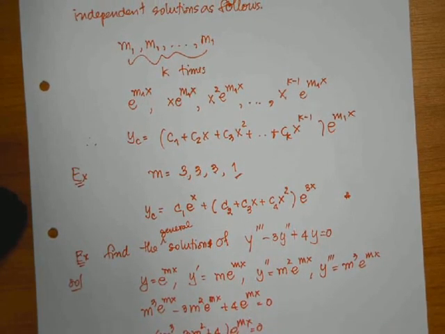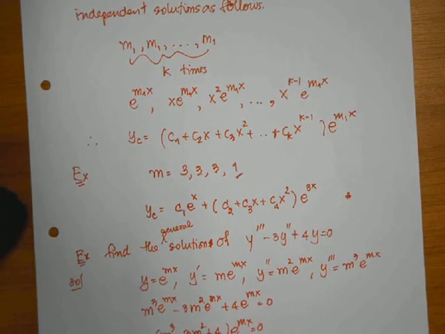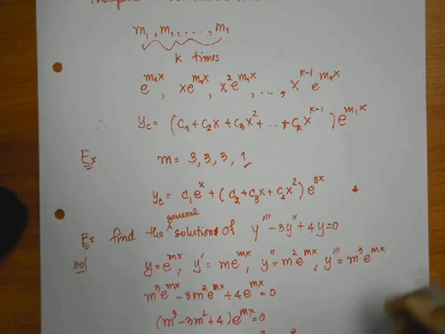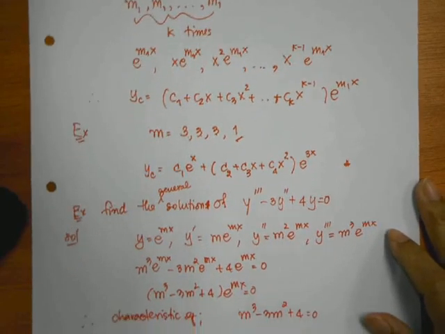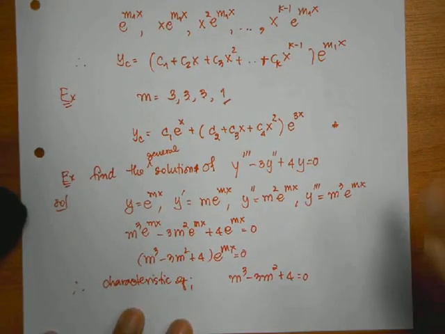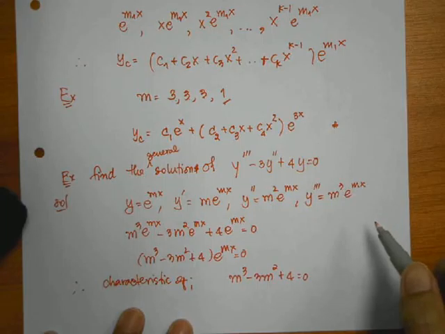So our characteristic equation, m to the power 3, how many m's can we find? 3 values, okay?